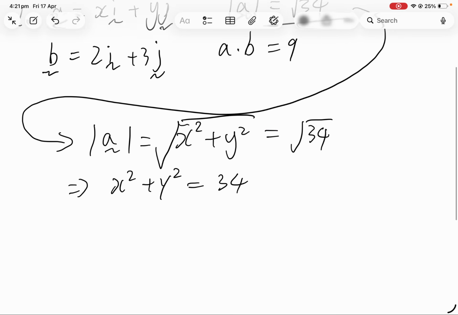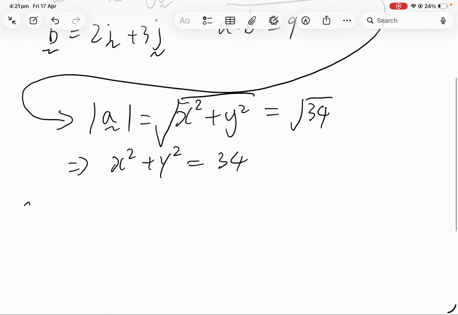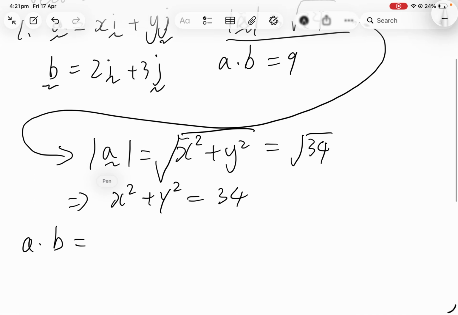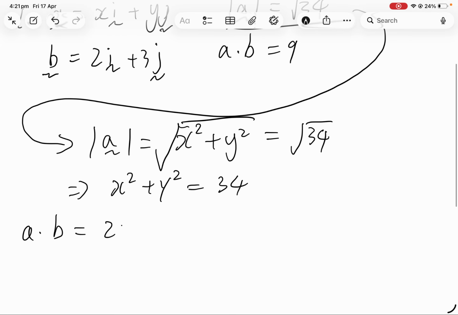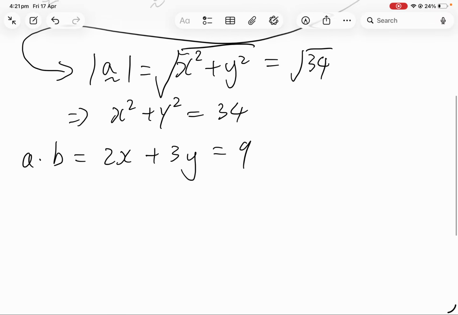So that's our first equation. The second equation is A dot B equals 9, but A dot B is 2 times x plus 3 times y, which equals 9. That's the second equation as well.